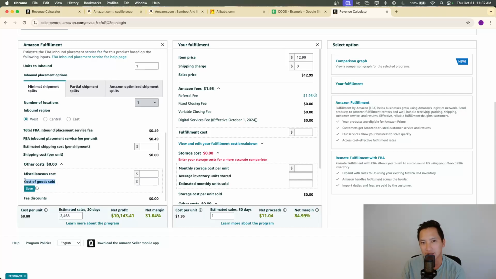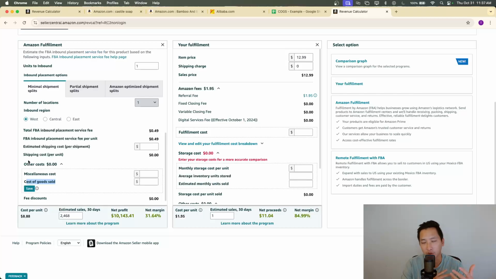Now, what does this mean? Cost of goods sold can mean a bunch of different things. It can mean the cost to manufacture the soap in our example. So that's COGS. But it also can include all of the incremental costs that come associated with getting your product to the customer. So things like your freight.